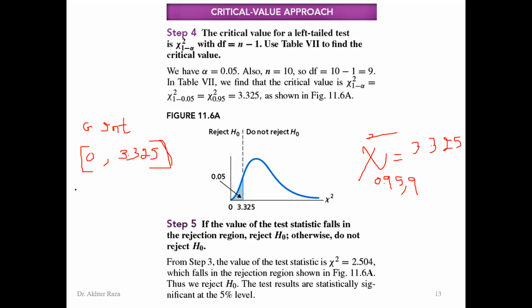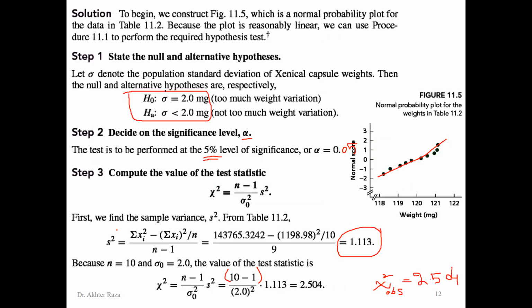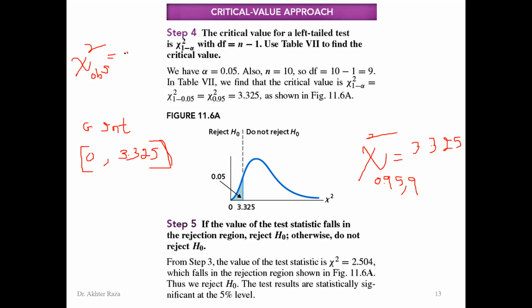Our observed value of the chi-square test was given on the previous slide. The chi-square observed value was 2.504, which lies in this interval because it is from 0 to 3.3, the region to reject the null hypothesis.